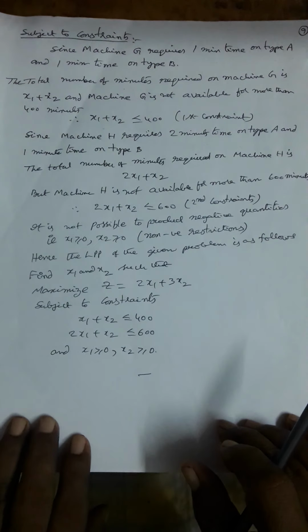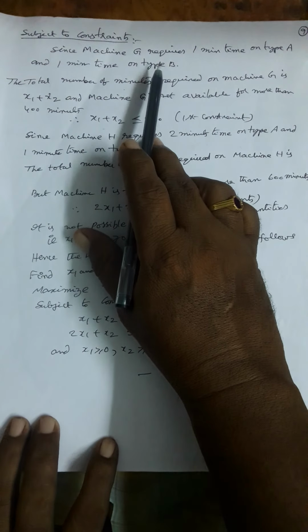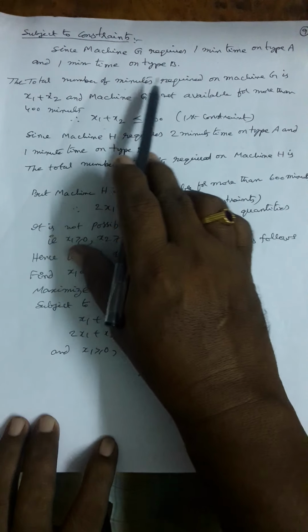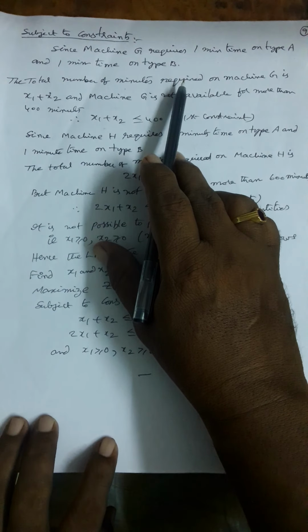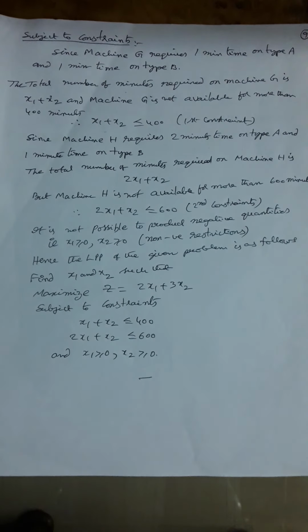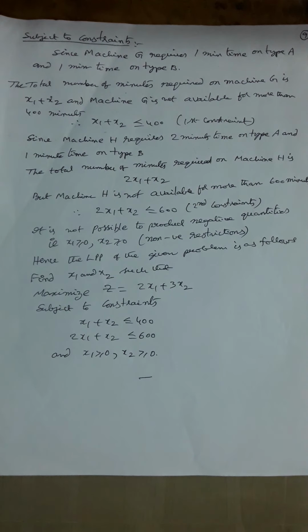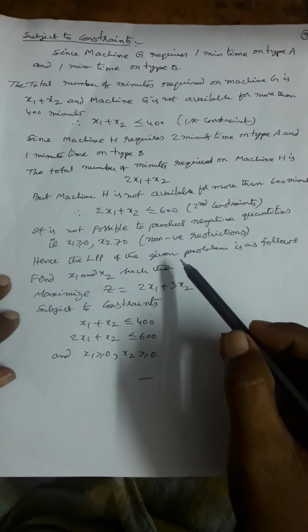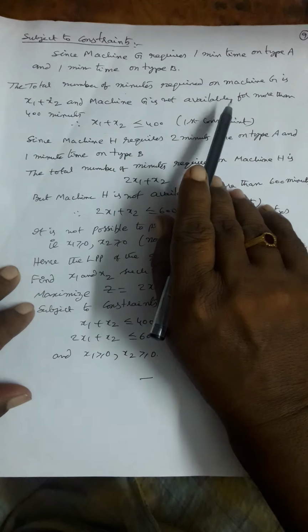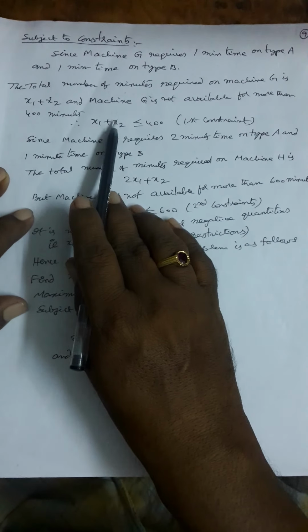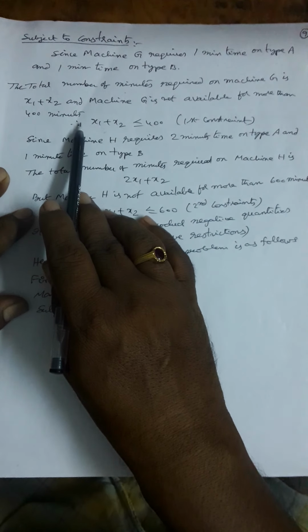How to write constraints? Since machine G requires 1 minute on type A and 1 minute on type B, the total number of minutes required on machine G is x1 into 1 plus x2 into 1, that is x1 plus x2, and machine G is not available for more than 400 minutes.